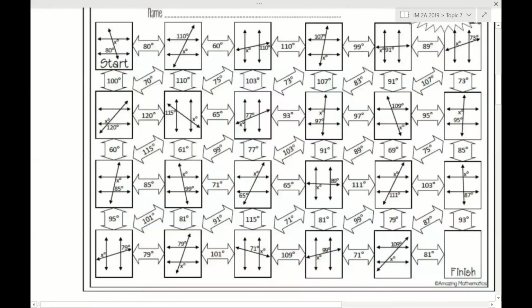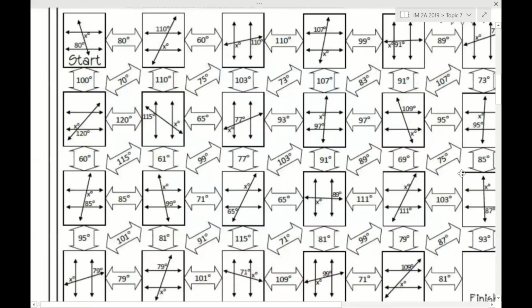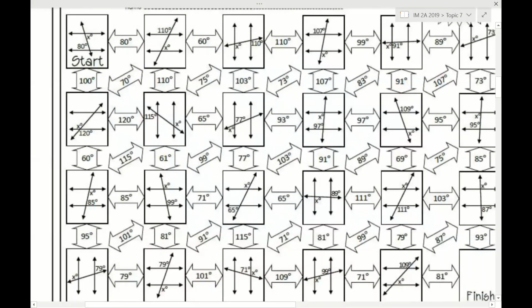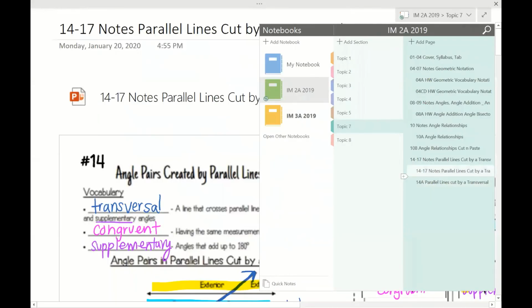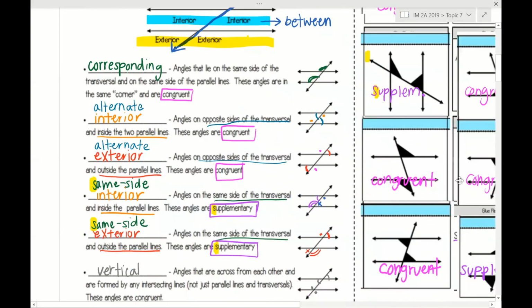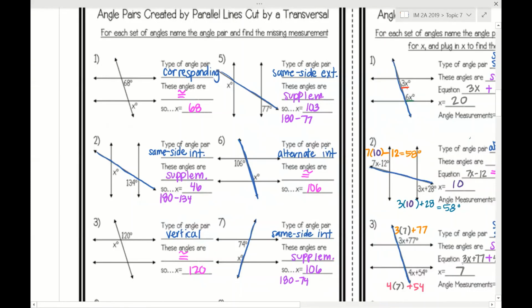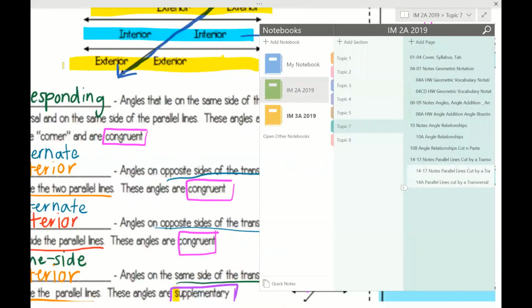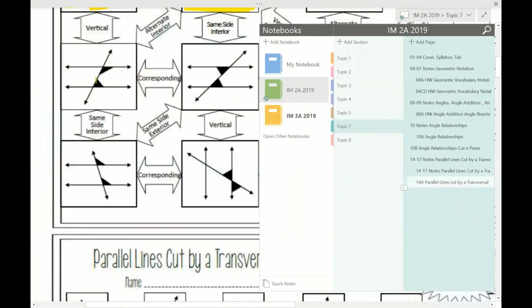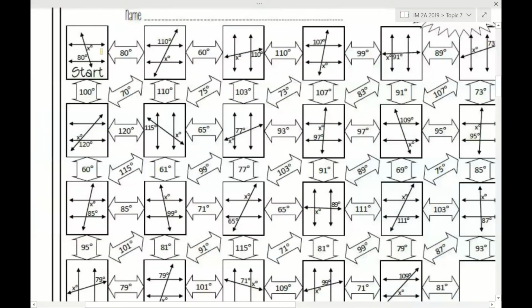For the next one, you've got like what we did on page 16, where you have the angles and you just have to find the value for x. So in this one, for example, on the first problem, we're starting here.